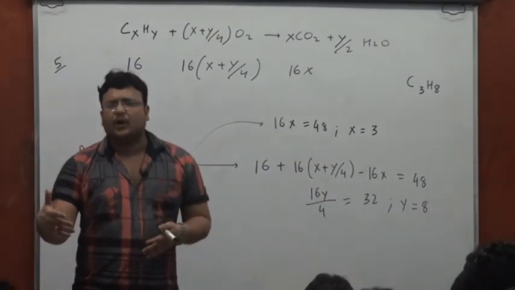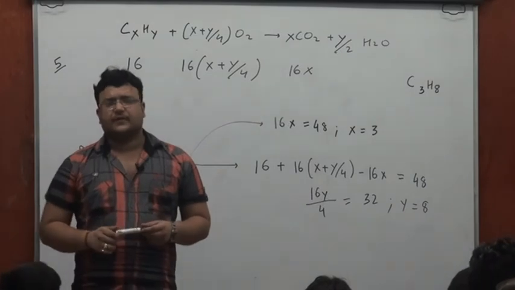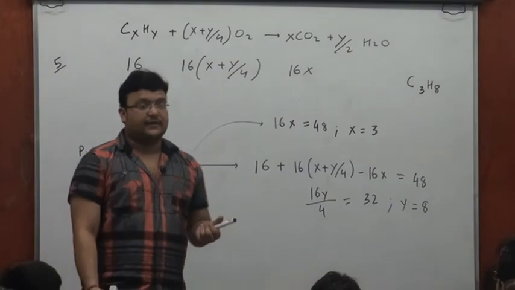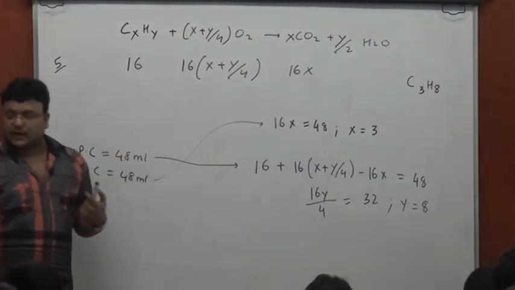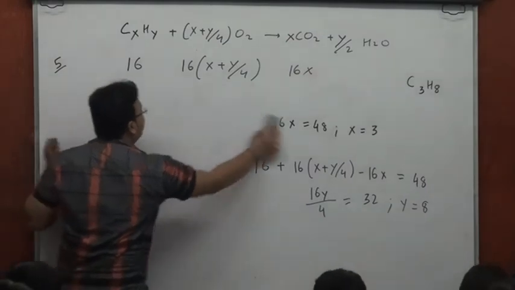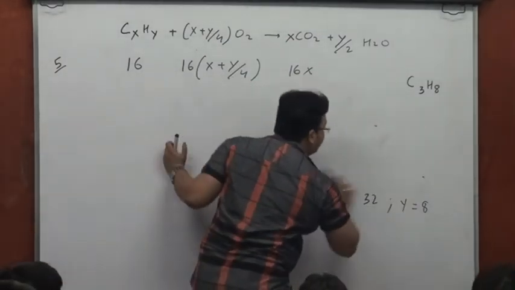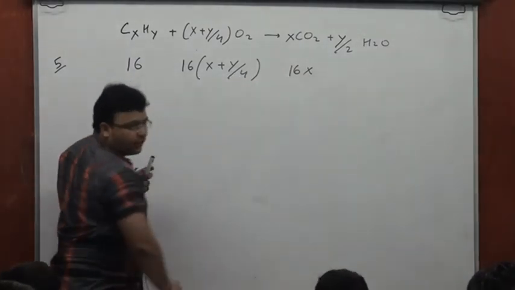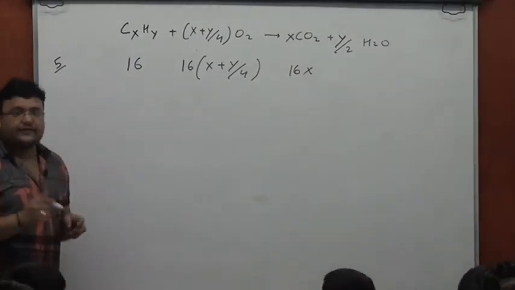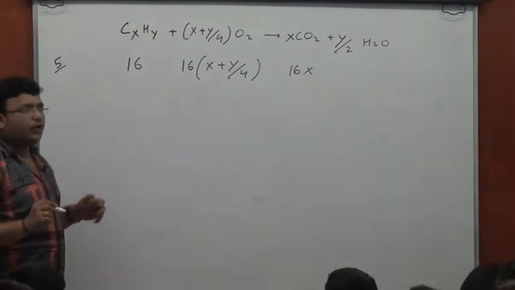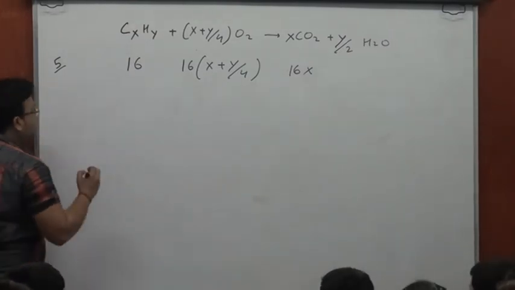You might have problems where along with carbon and hydrogen the molecule is containing oxygen as well. There might be a compound containing carbon, hydrogen and oxygen, and the formula is unknown. I want all of you to be attentive now. Look here on the board.